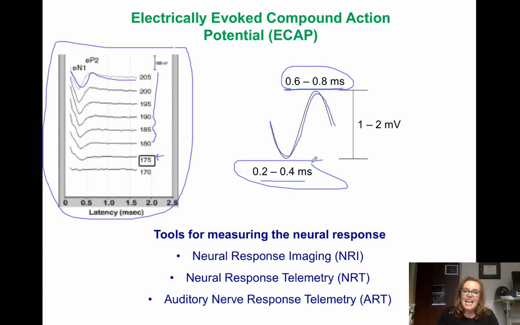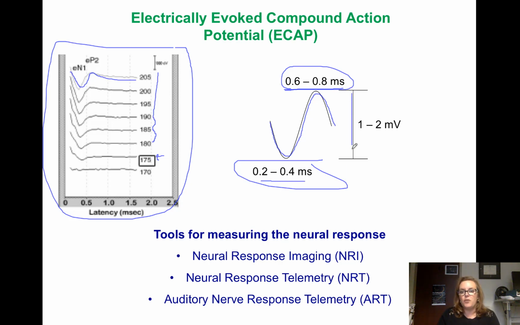Whereas with the ECAP, we're stimulating in the cochlea itself and measuring right there in the cochlea. So it's a near field stimulation and a near field recording. The latency is going to be substantially shorter because it doesn't have to travel through the outer ear, middle ear, and the hydromechanical intracochlear system to get to the first point of the primary auditory neurons.